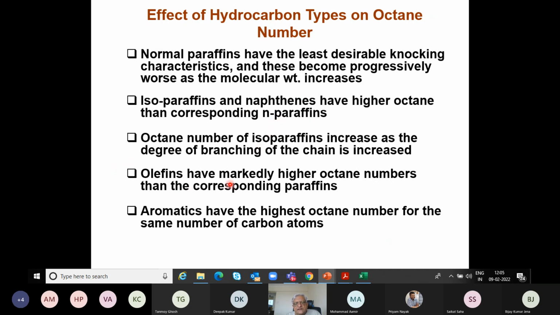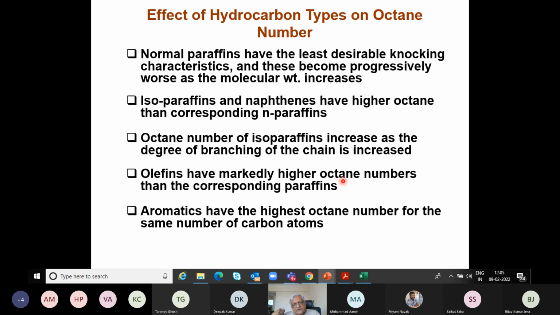And the olefins, if they are present, also have a high octane number, but typically reformers process straight run naphtha. What I mean by straight run is the products which you obtain by distillation of crude oil. So the products that you obtain from the atmospheric distillation unit or the vacuum distillation unit are called straight run products.